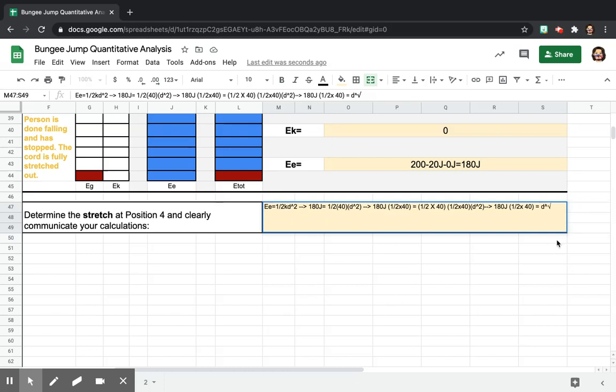I can do a square root. And I realize, I'm so sorry, I should have been dividing. Oops, not fair. Dividing this whole time.